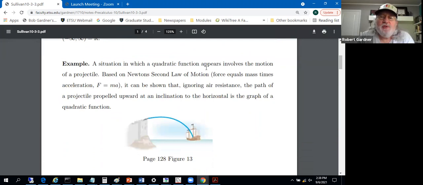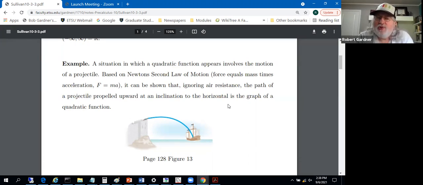A situation in which a quadratic function appears involves the motion of a projectile. Based on Newton's second law of motion, which says, in a nutshell, force equals mass times acceleration, it can be shown, ignoring air resistance, that the path of a projectile propelled upward at an inclination to the horizon is the graph of a quadratic function.